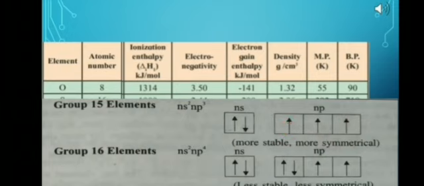Due to the extra stability of this half-filled configuration, more energy is required to remove an electron from the valence shell of group 15. Hence, the first ionization energy of lighter elements of group 16 is lower than that of the group 15 elements.